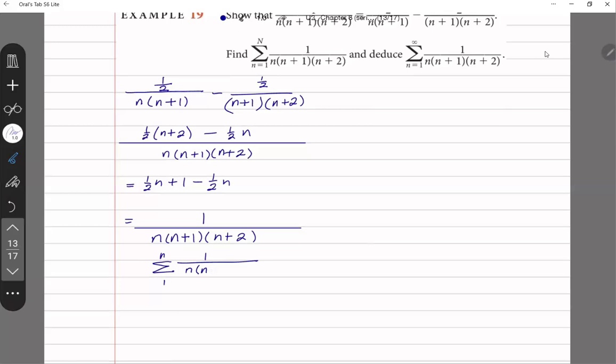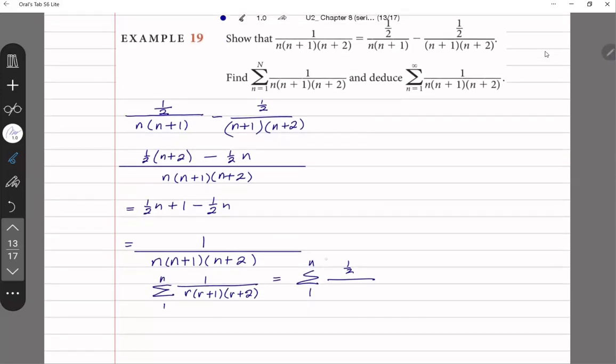I'm going to change this up a little: r into r plus 1, r plus 2, is equal to the sum from 1 to n of a half over r into r plus 1 minus a half into r plus 1 times r plus 2.